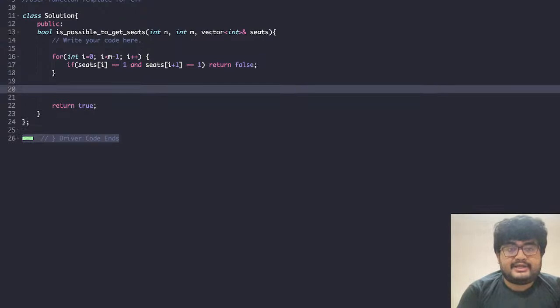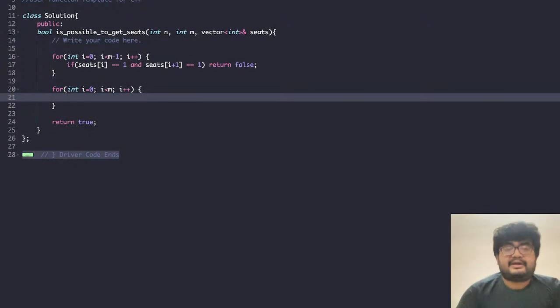Next, what we'll do is we'll go again greedily for int i equals 0, i less than m, i plus plus. All right, so first thing we'll check is if seats of i is equal to 1. If seats of i is equal to 1, we'll do i plus plus again.